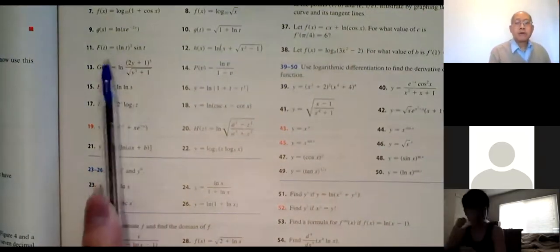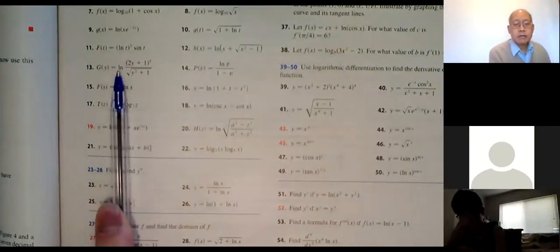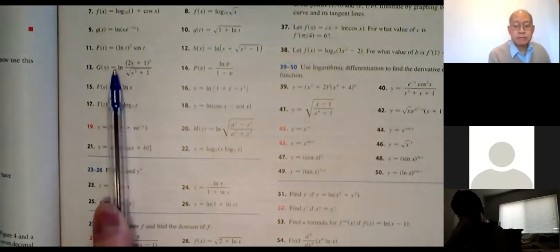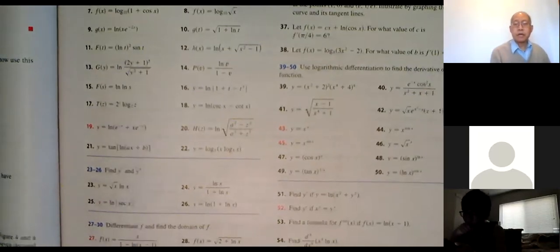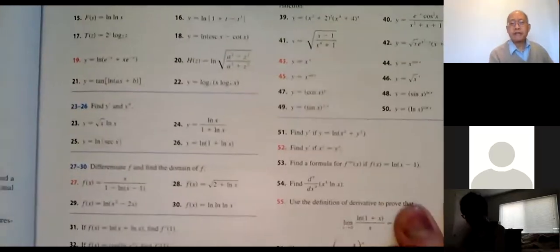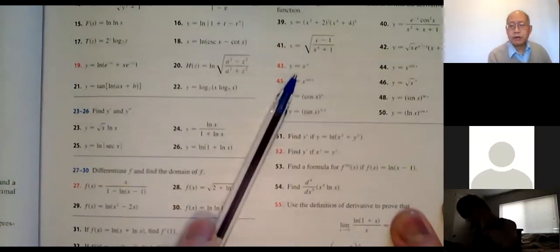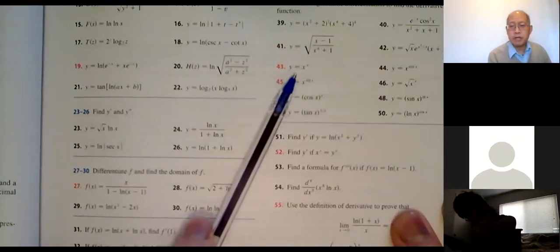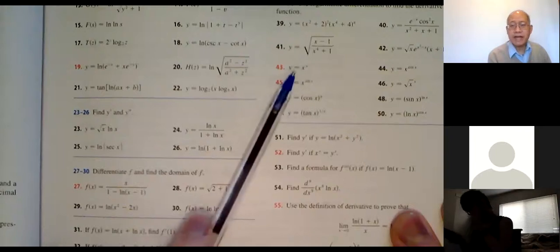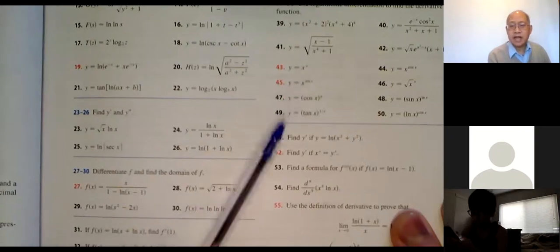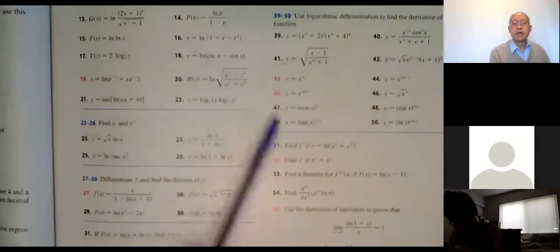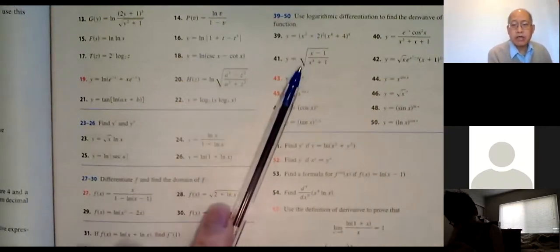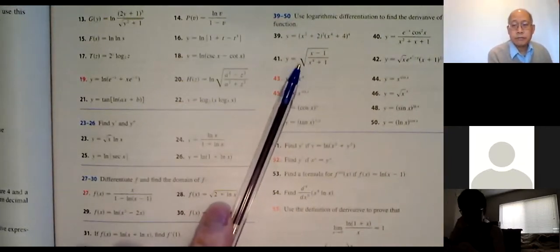But because there was an ln there, it made the problem much nicer. I also see some problems we haven't tackled yet, where you have a variable expression to another variable expression, like x to the x, or x to the sine x, or tan x raised to the 1 over x. They have to be done by something called logarithmic differentiation.